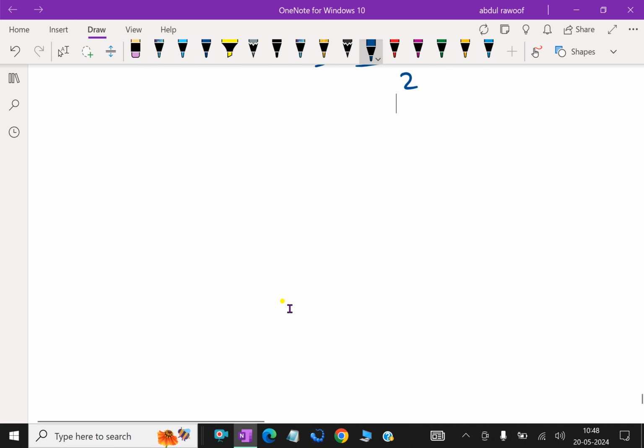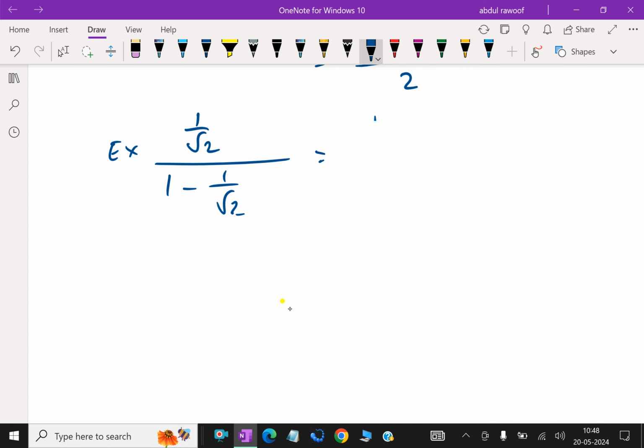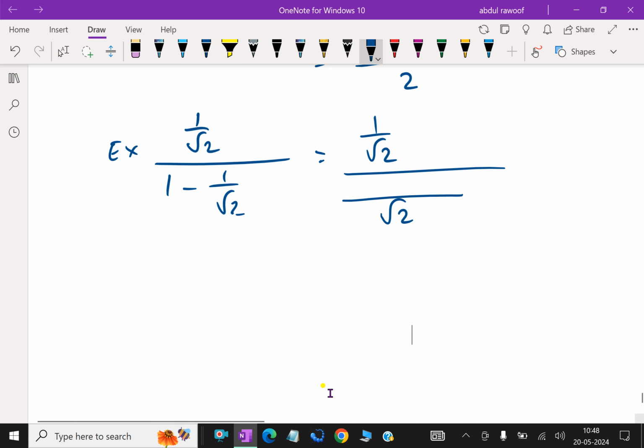One more example: 1 over root 2 over 1 minus 1 over root 2. Here the numerator has 1 over root 2. The denominator has 1 minus 1 over root 2. So root 2 is the LCM. Then root 2 is cross multiplied, that is root 2 minus 1.